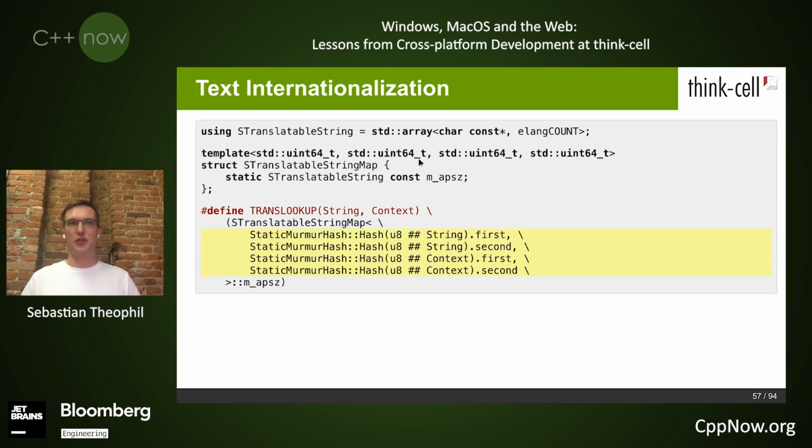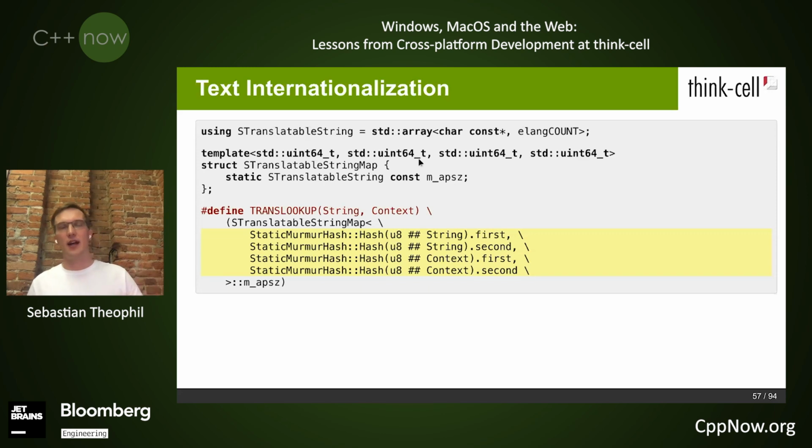And that translatable string map here then contains a member with the right translated text. So here you see the hash would usually be a 128-bit integer type. There's no built-in 128-bit integer, so we split it into 2 64-bit integers and use these as the compile time lookup keys into our map.